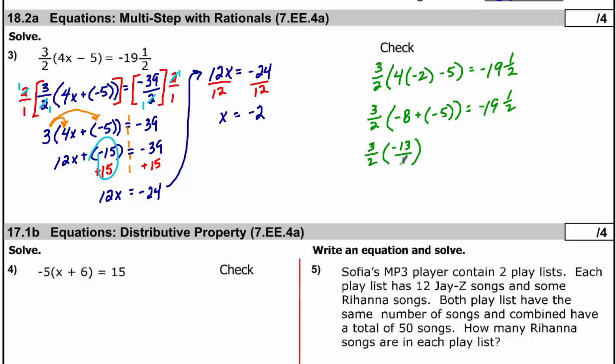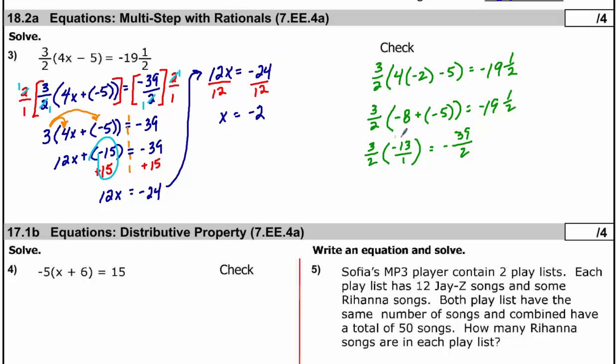Now I'm going to make it a fraction, equals, and I'm going to make this into a fraction again. I'm going to go back to that form of negative 39 halves with the negative sign. Actually, let me grab that negative sign. It goes with the whole fraction.